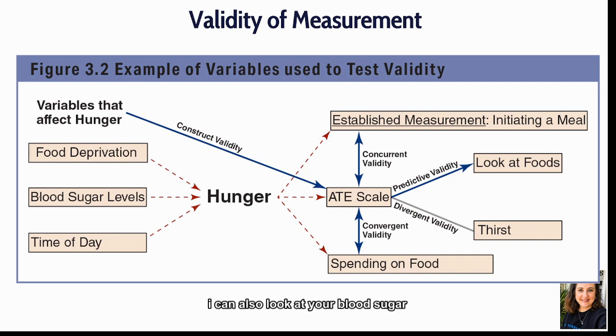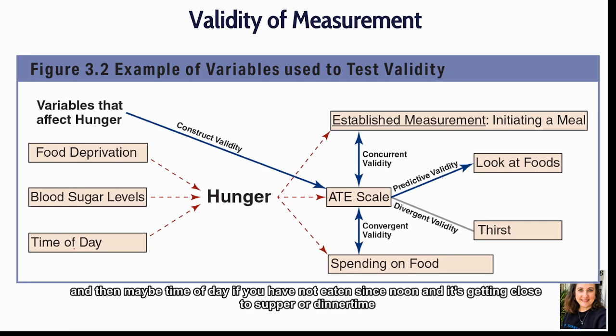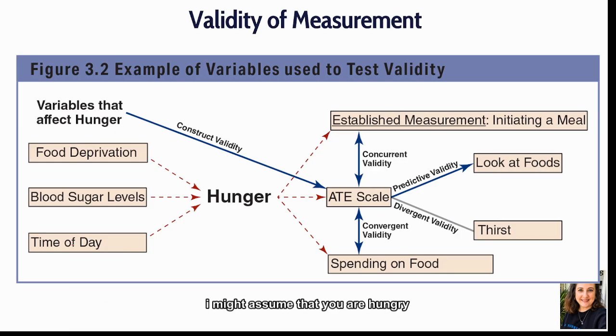I can also look at your blood sugar. If your sugar is low, I can assume that you have not eaten in a while. And then maybe time of day. If you have not eaten since noon and it's getting close to supper or dinner time, then I might assume that you are hungry. Those variables are going to give construct validity to my 8 scale.